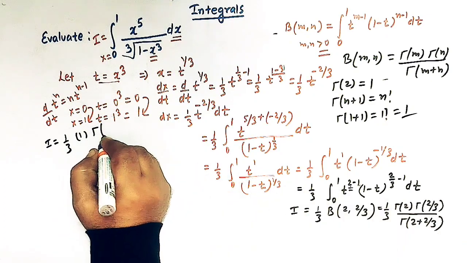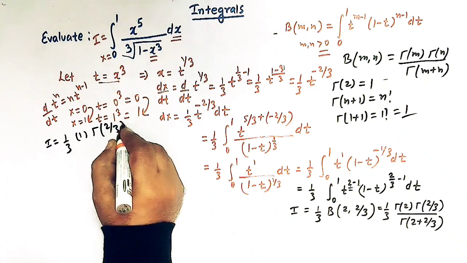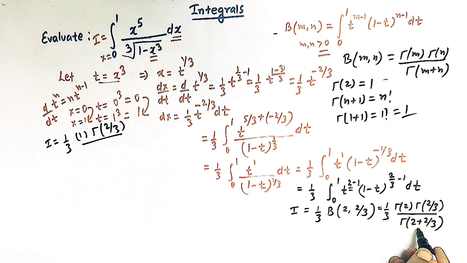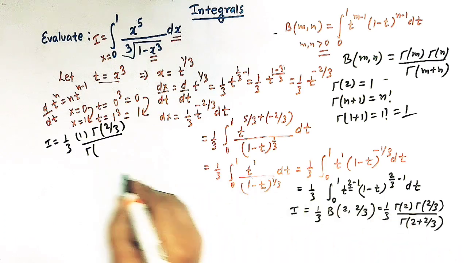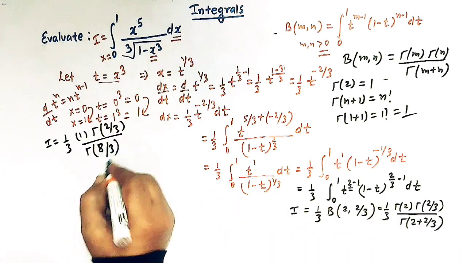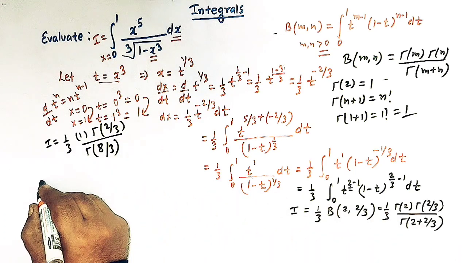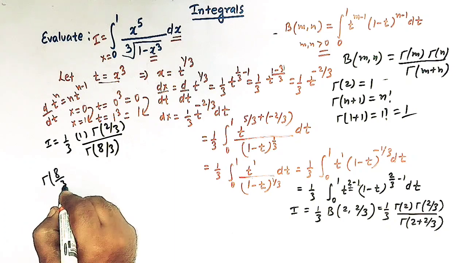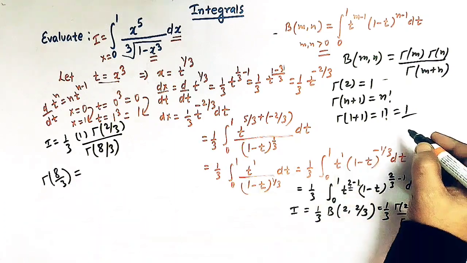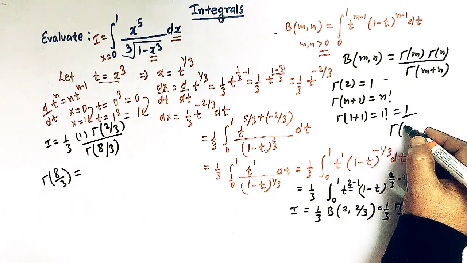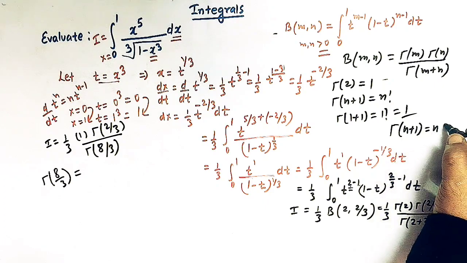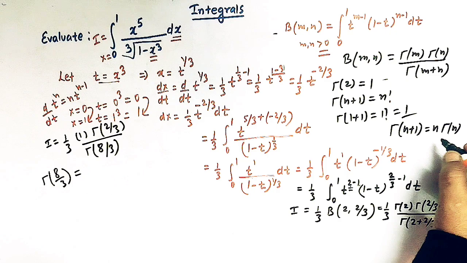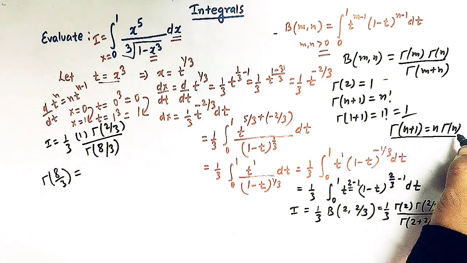and we'll keep this term as such, that is gamma 2 by 3, and in the denominator we have gamma 8 over 3, right? Now let us find out the value of gamma 8 over 3 using this result, that is gamma n plus 1 is equal to n times gamma n, right? So this is another important result.